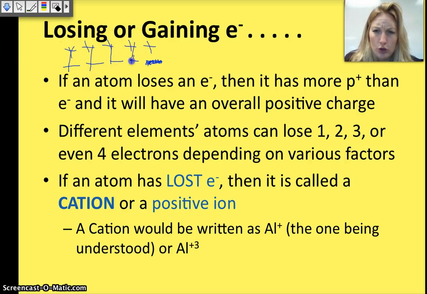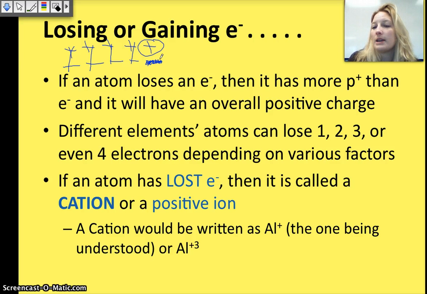But now this one is left over. So if we lose that electron, we have a positive charge. That positive isn't neutralized anymore. And elements, depending on where they're at, we'll talk about why a little later in class, can lose 1, 2, 3, sometimes even 4 electrons. They just get kicked out. And so you can get a charge of up to 4+.